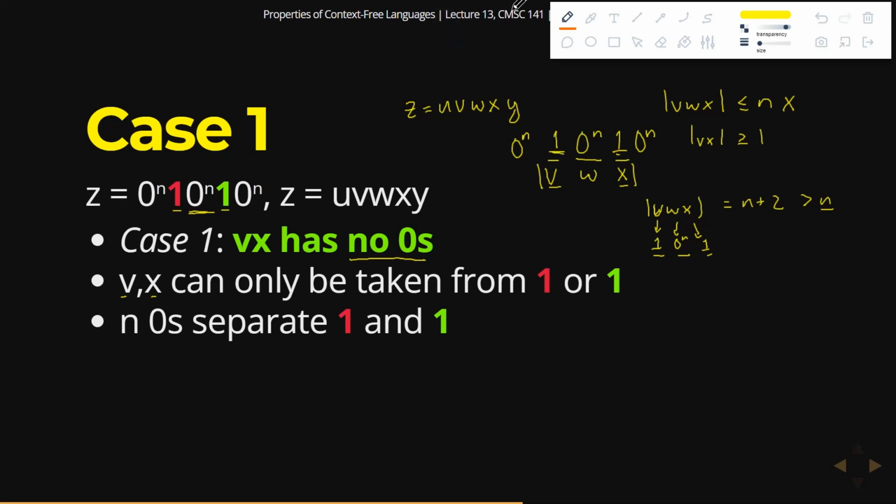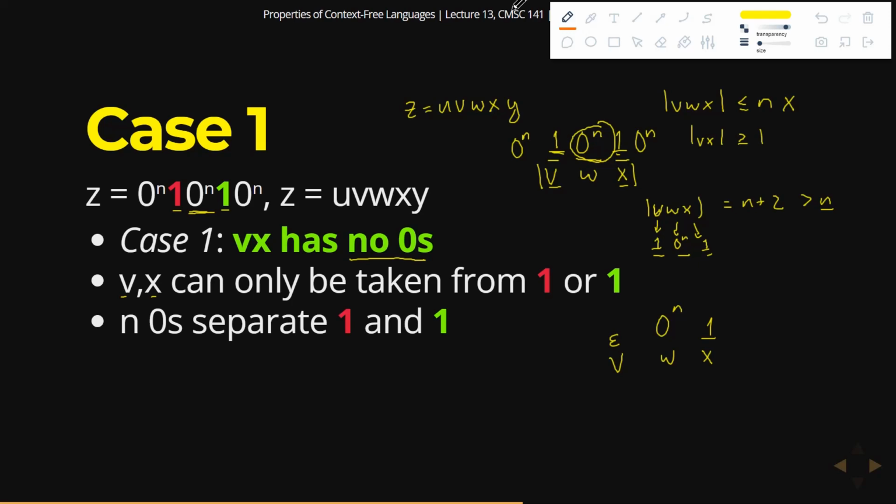Only one of them can be a 1. Does that make sense? Because there are n zeros that separate them. So it's either v is an epsilon and x is a 1, and then there could be zeros here. That would be the w.